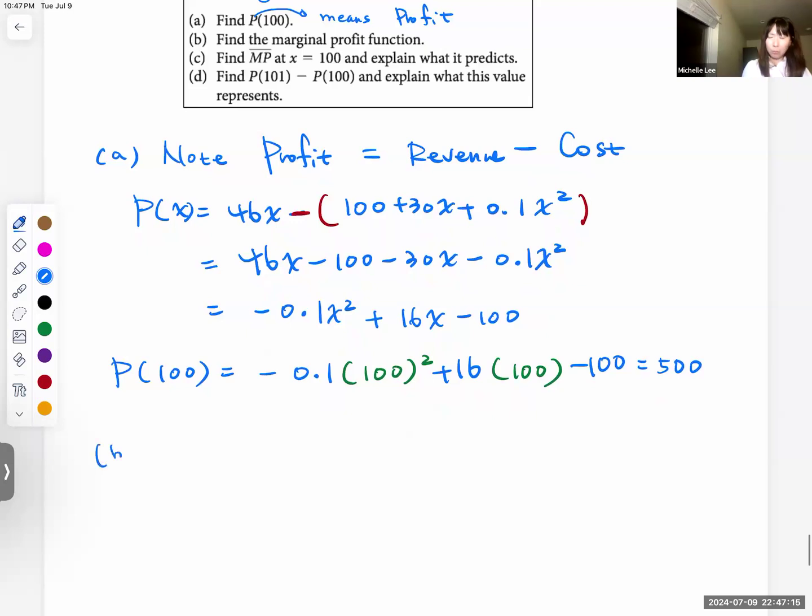Okay, second part, marginal profit function. How do we find the marginal profit function? So we denote this notation, marginal profit, right? Then we want to know about the derivative of the profit function. Okay, so we keep the coefficient, drop the power, reduce by 1.